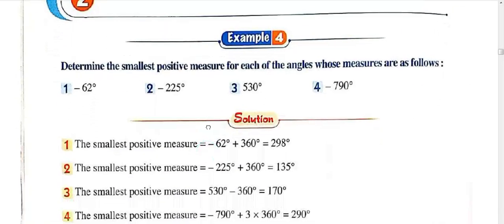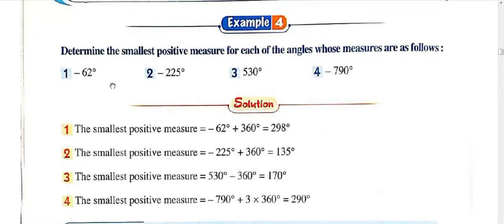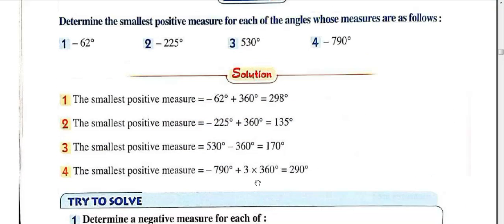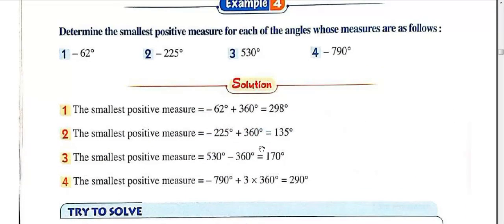Example number 4, determine the smallest positive measure for each of the angles whose measures are as follows. Number 1, the smallest positive measure equals negative 62 plus 360, which is 298. Number 2, we add 360 to negative 225, so the result will be 135.